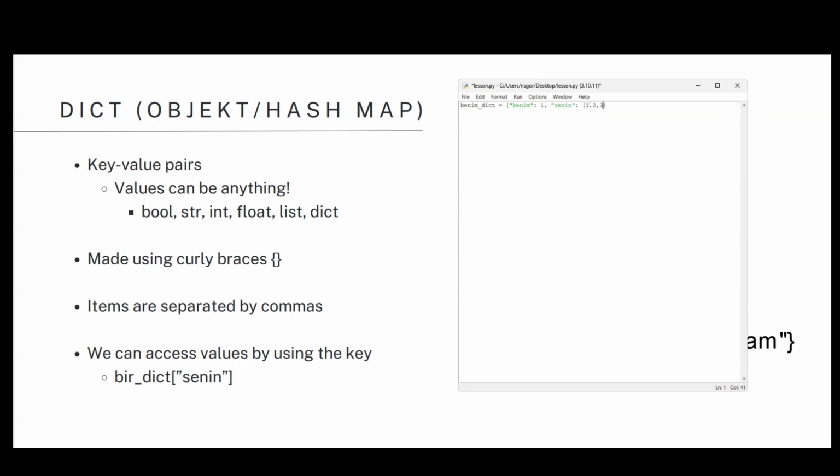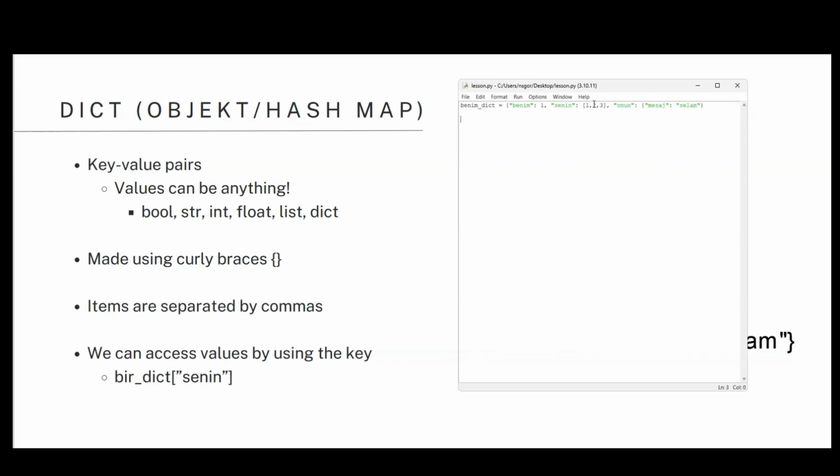So 1, 2, 3. Okay. And then on, and the value will be another dictionary where the key is massage and salam is the value.